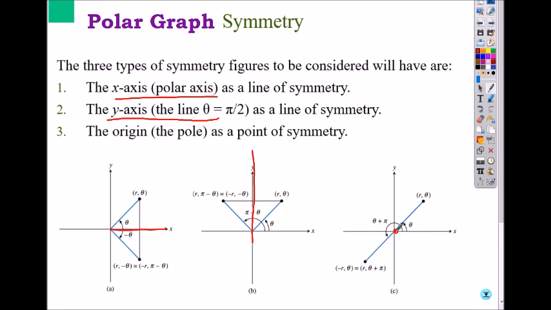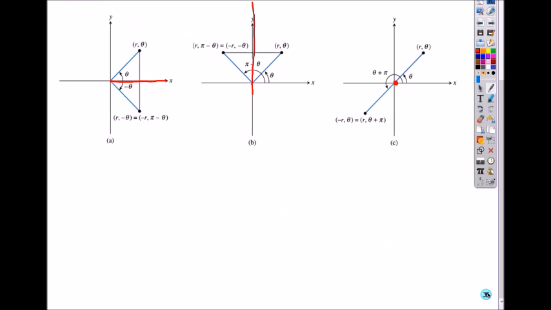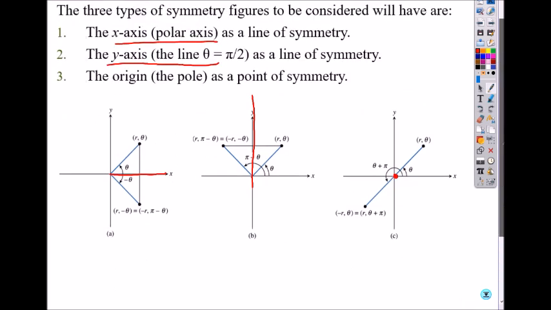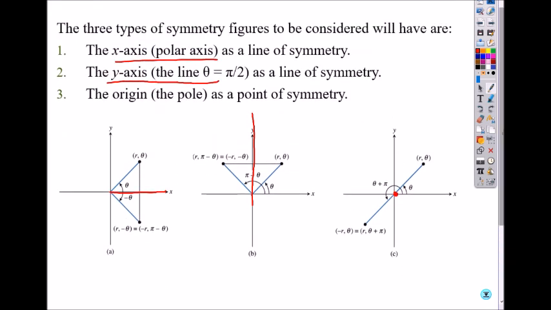First, you have to understand, just like in the regular function graph, even and odd: when you plug in negative x to f of x, and it becomes positive f of x, it's even. So if you want to see if it's symmetrical on the x-axis, when you plug in r, theta, it should equal this point because it reflects on the x-axis.